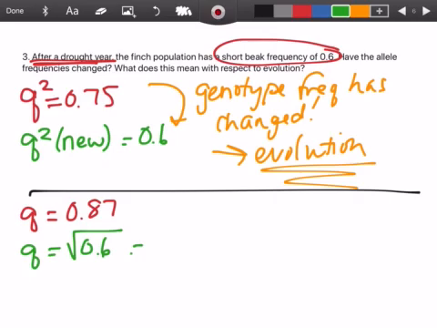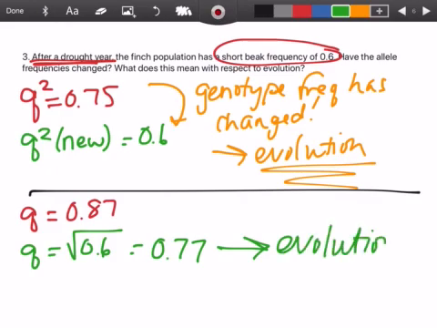The square root of 0.6, which is 0.77. So we can see that this has changed just a little bit. Not a lot, but we could use some different statistical tests to determine if this is a significant difference. But we will just go ahead and assume that because q has changed, evolution has occurred.